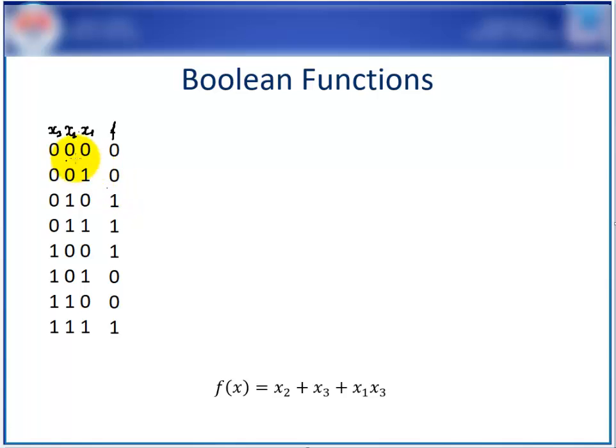So we divide our truth table into 4 subsequences, and to calculate the first bit, we just rewrite the bit as it is, 0. To calculate the second bit of this substring, we need to XOR these two bits, which gives us 0 again.